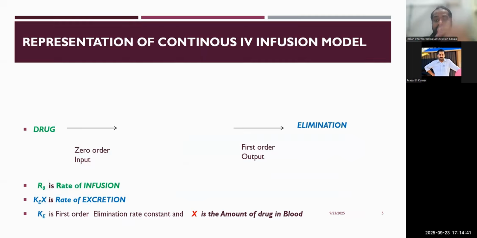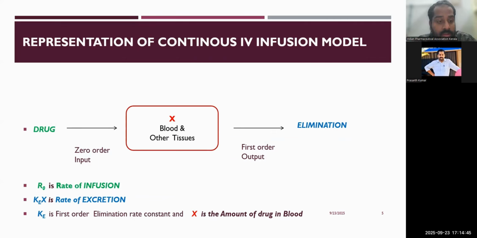Now, representing this model, we have this picture. The drug is given externally to blood and other tissues, which is considered as one compartment. The rate of input process is indicated by R0, as this picture indicates, and the rate of elimination is defined by KeX.